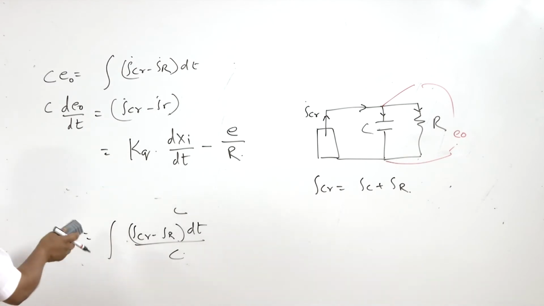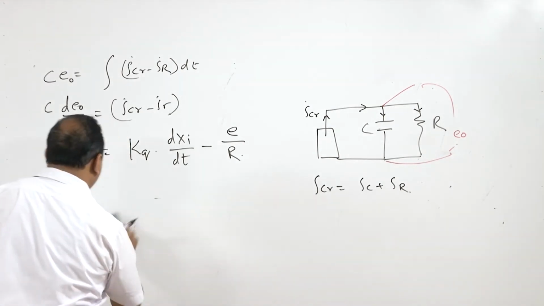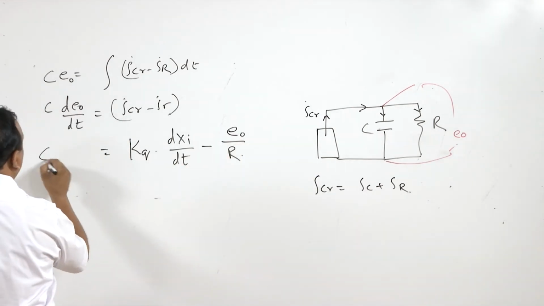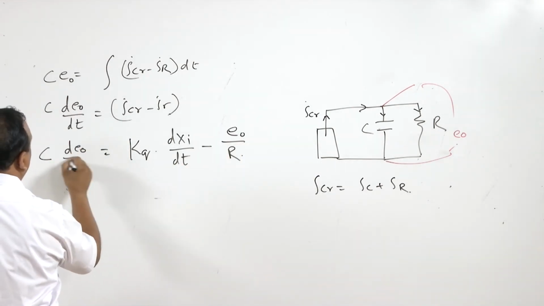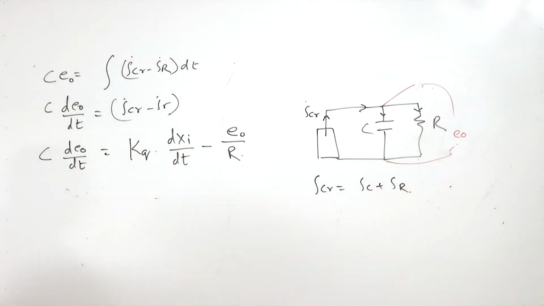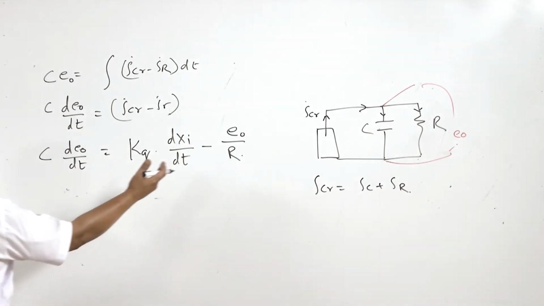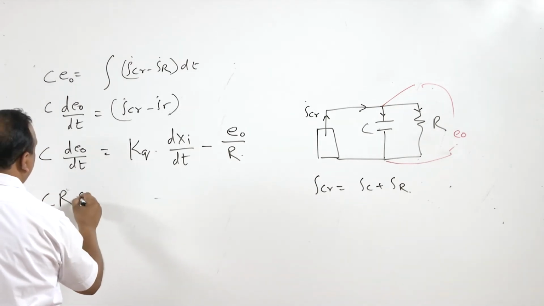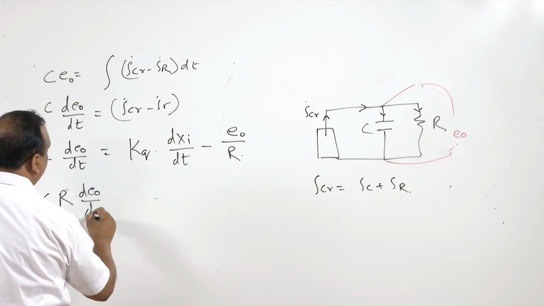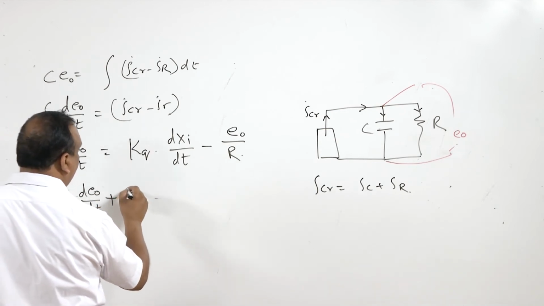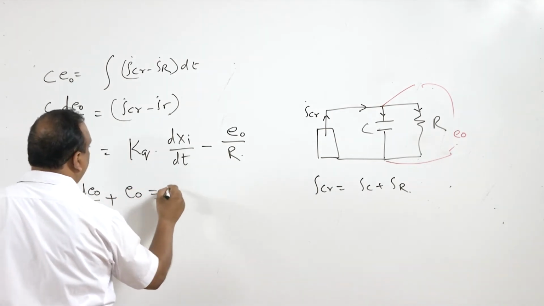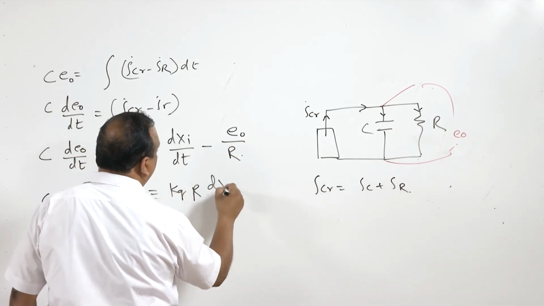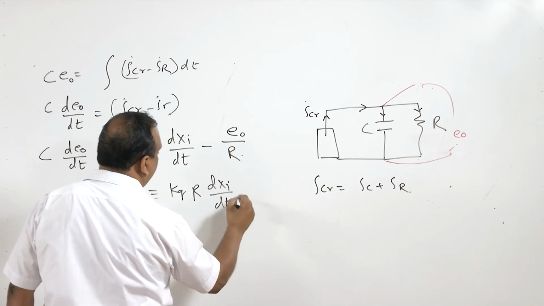Now we are formulating the first order equation. Now this is going to be C dEO by dt. Now we multiply this by R and we will take this to this side, then CR dEO by dt plus EO is equal to KQ R dxi by dt.